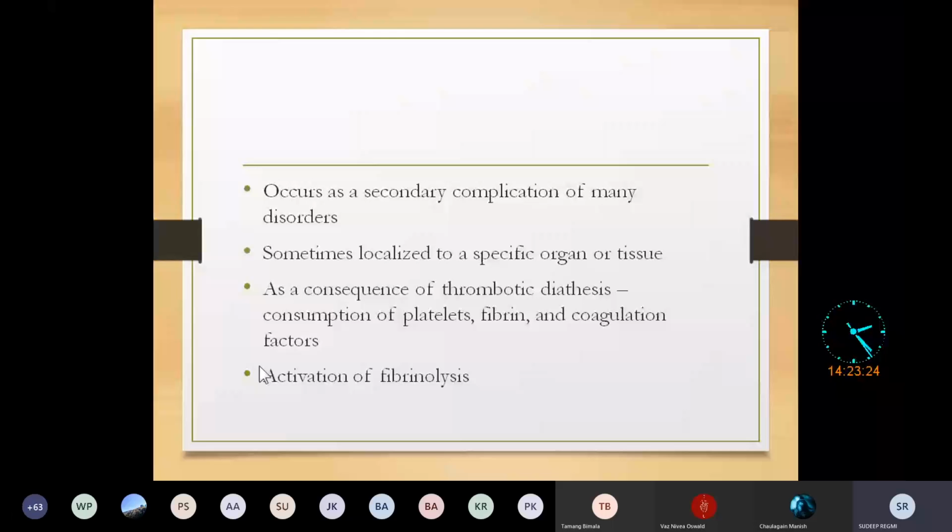So there should always be a check between a procoagulant and an anticoagulant factor. So that is always in a balance. Whenever there is a trauma, then there should be coagulation in just the area of the injury in the right time, just after the injury. It should start and it should be limited to that area.